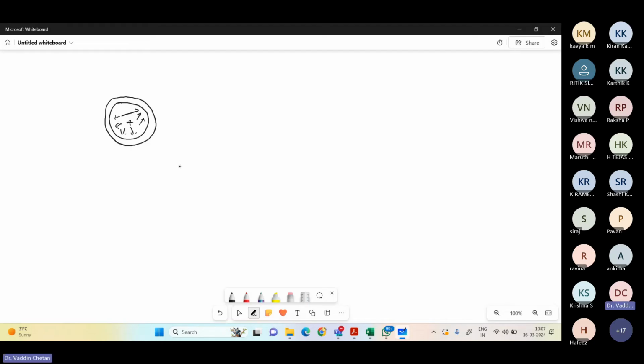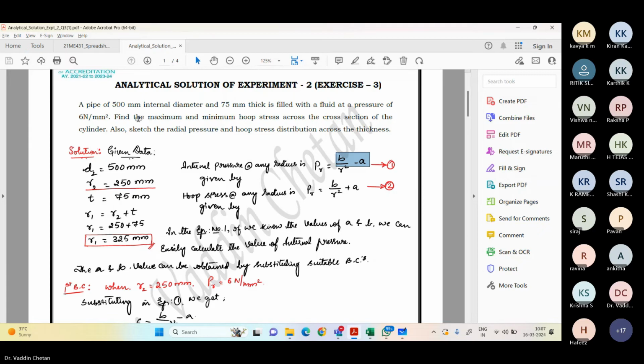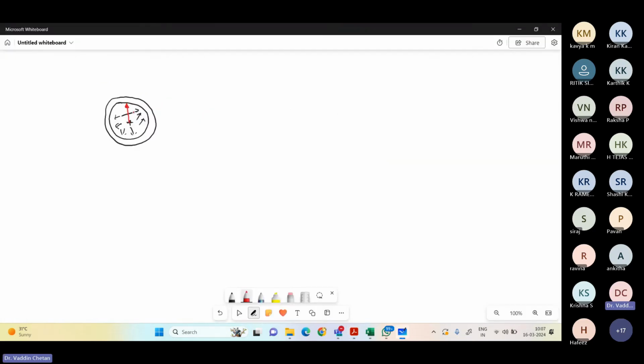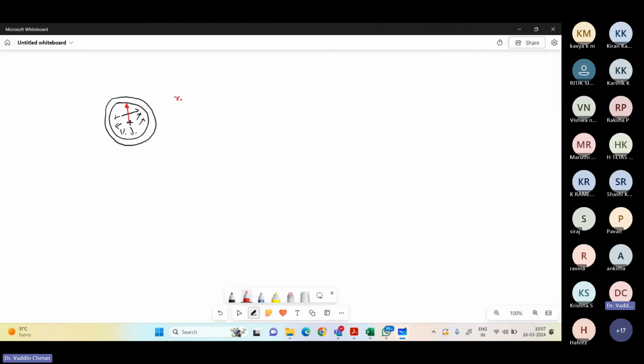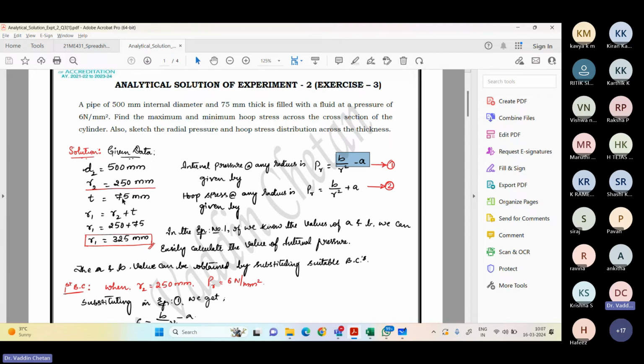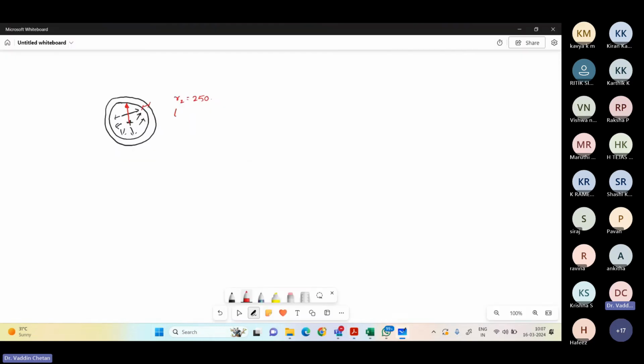What he has given is the radius, the distance from here to here, that is 250. The diameter of 500 mm gives a radius of 250 mm. And he has given the thickness, the thickness being 75 mm.